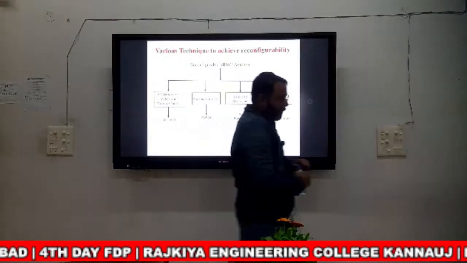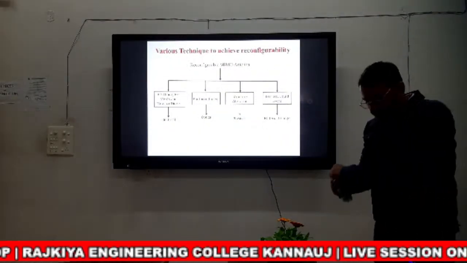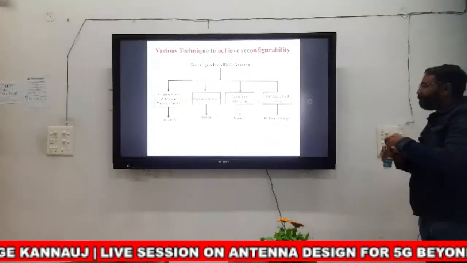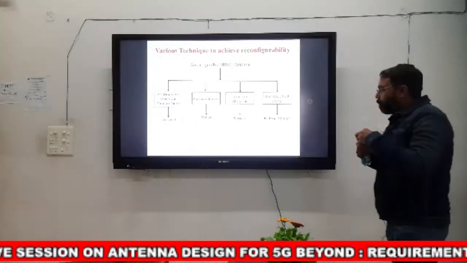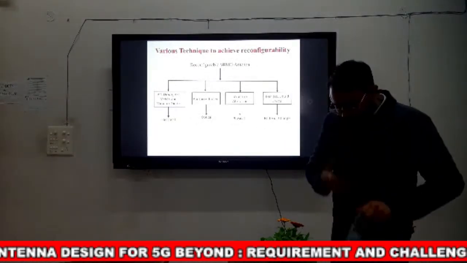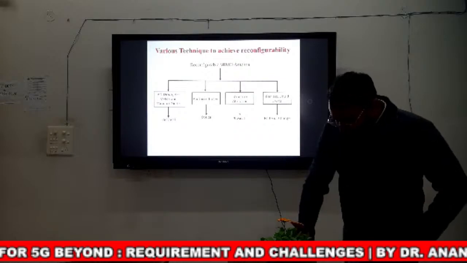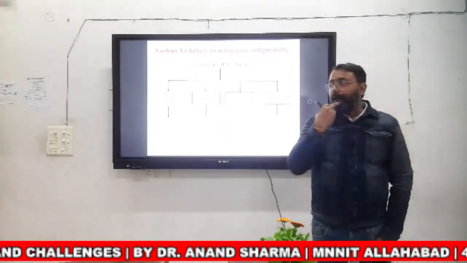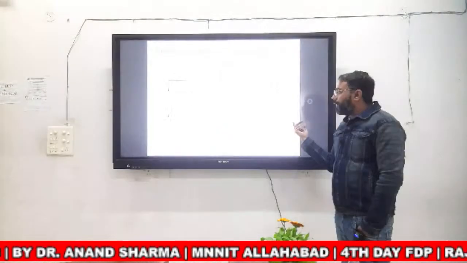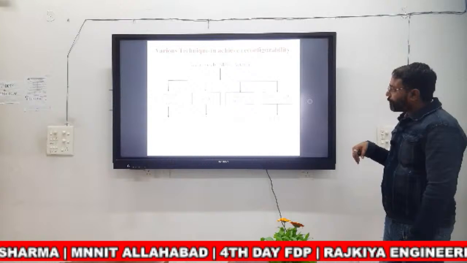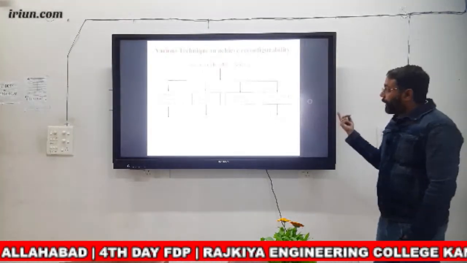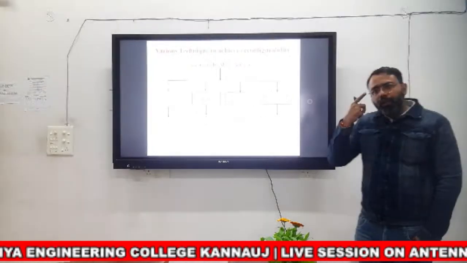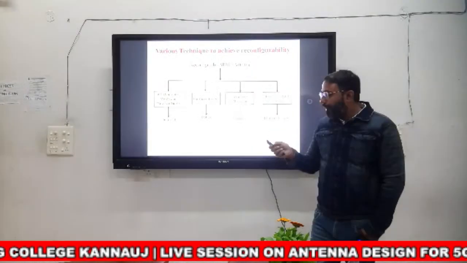It can be generated through PIN diodes and varactor diodes. In optical reconfiguration, we use photoconductive materials, or physically we can also do it using structural alteration. Ferrite materials are also used to change characteristics dynamically.